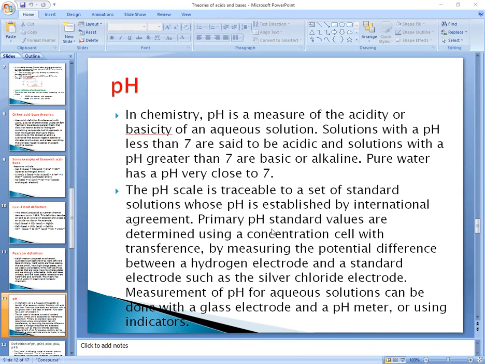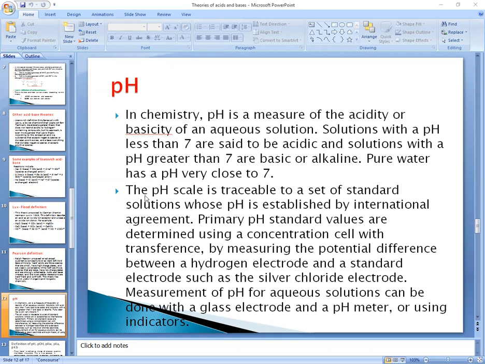The pH scale is traceable to a set of standard solutions. मुख्तलिफ standard solutions को हम trace कर सकते हैं. इनकी acidity और basicity को हम trace कर सकते हैं. Trace कर सकते हैं मतलब एक compound की pH find out करने के बाद हम बता सकते हैं कि solution acidic या basic या neutral character possess करता है. और जैसे कि previous sections में मैं बता चुका हूं कि pH values 7 से कम हो तो इसको acidic consider किया जाए, greater than 7 तो solution को basic consider किया जाए.